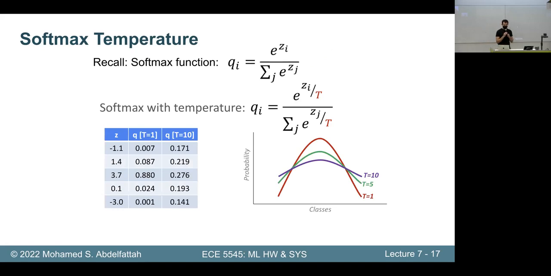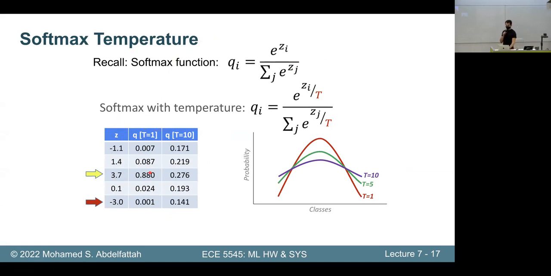So the example I'm showing here is a bunch of logits, z, and a bunch of softmax probabilities with different temperatures. If you look at the highest value logit, 3.7, with the temperature equal to 1, it would have a probability of 0.8.